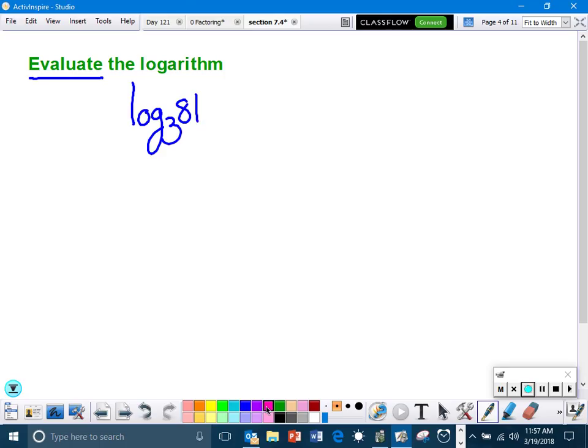So when you see something like that, you're going to just put an equals x behind it, and then rewrite it like we did on the page before this. We're going to write 3 to the x power equals 81.